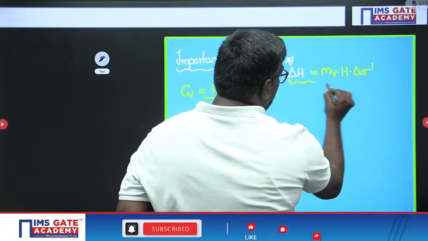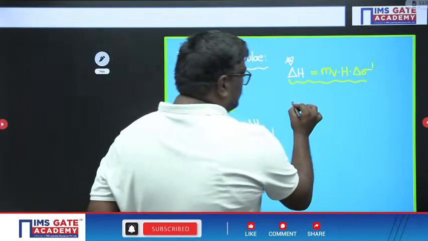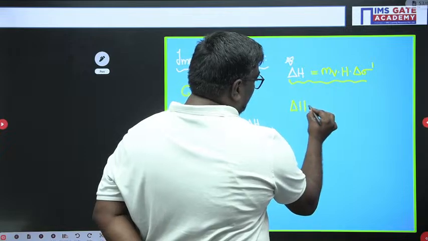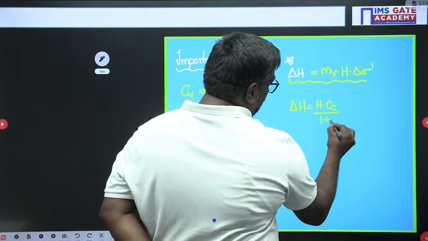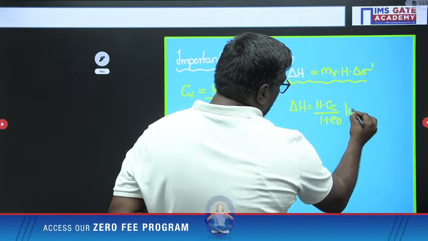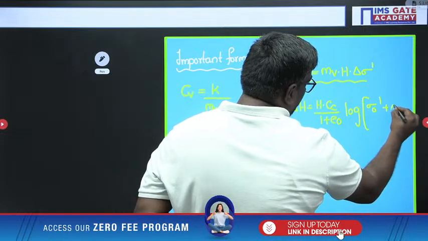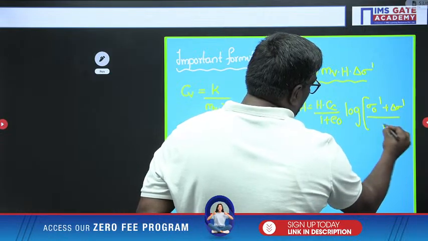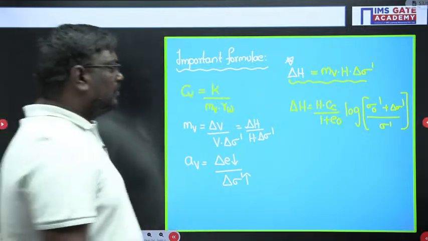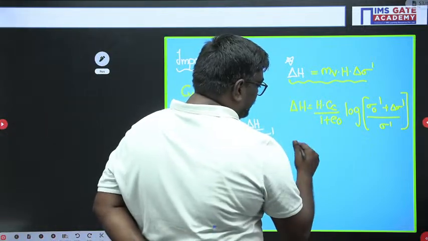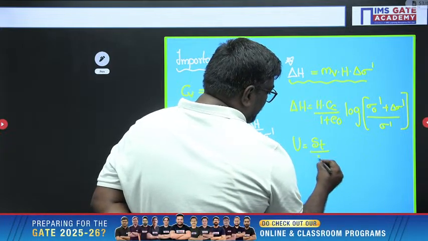This is the settlement. So here delta H can be written as H into Cc upon 1 plus e naught into log of (initial stress sigma dash plus delta sigma) upon sigma dash. And remember, when I talk about degree of consolidation, degree of consolidation is settlement at a time by ultimate settlement.